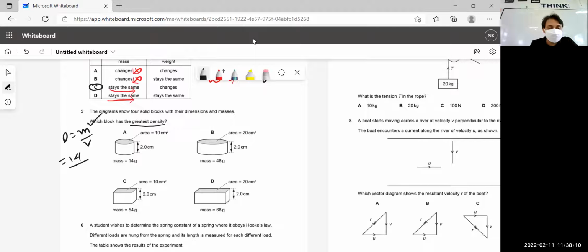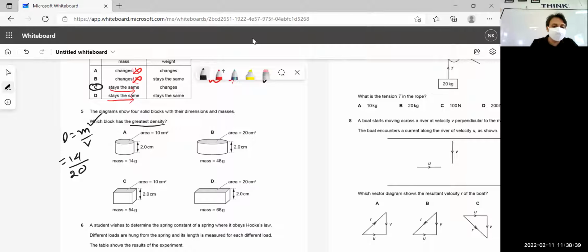Density: the mass of the first object is 14 gram, and the volume of the first object is area into height. That is the equation you can use for volume. So 2 into 10, that is 20. 14 divided by 20, let me use my calculator, is equal to 0.7.